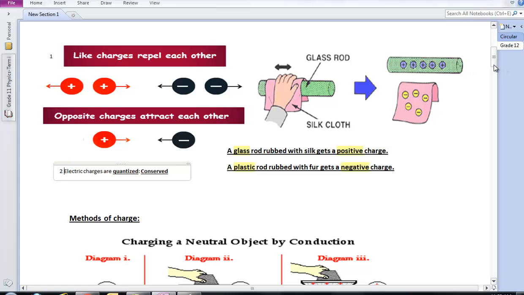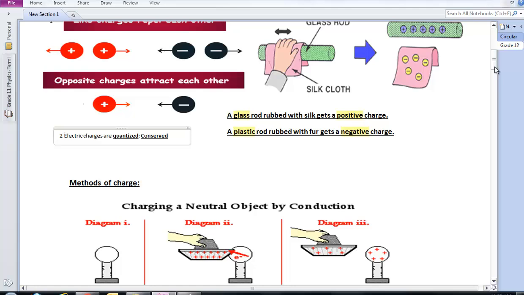Another important point here is that the objects basically differ in the type of charge that they take. Take for instance a rod of glass: when this rod is rubbed with a silk piece of cloth, it gets a positive charge, while a plastic rod, when it's rubbed with fur, gets a negative charge.